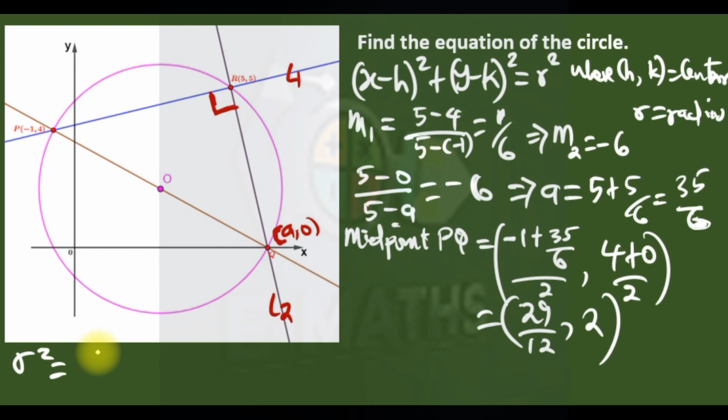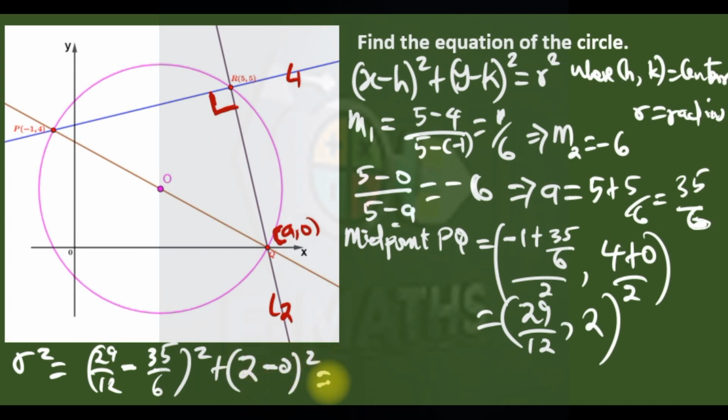Using the distance formula, the x-difference is 29 over 12 minus 35 over 6, all squared, plus the y-difference, 2 minus 0, all squared. The coordinate here is 29 over 12, comma 2.